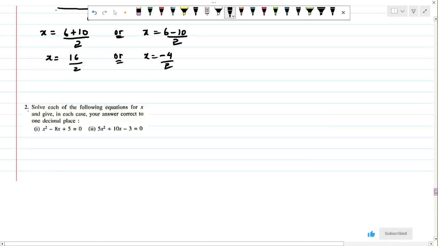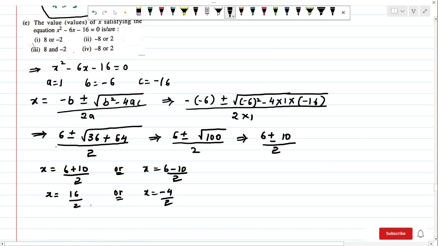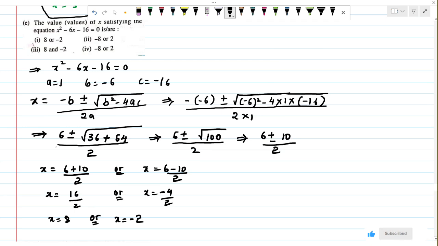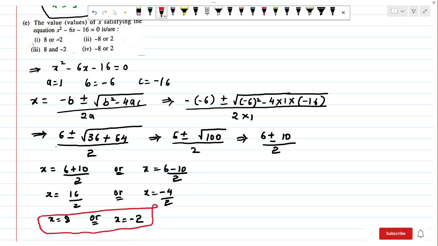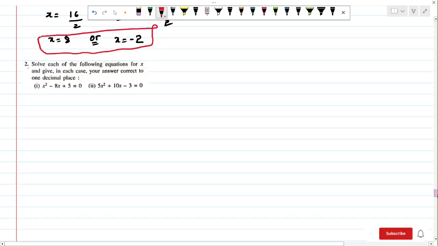So x is equal to 8 or x is equal to minus 2. So these are the two values, that is x is equal to 8 or x is equal to minus 2. So the correct option here is the first option, that is 8 or minus 2, right? So we will move to the next question.